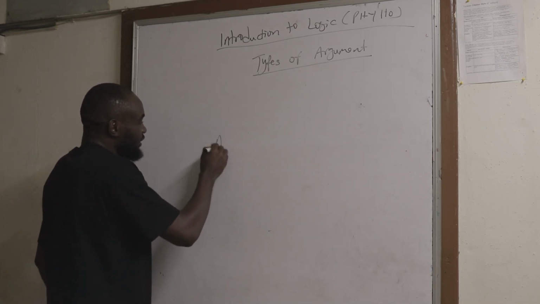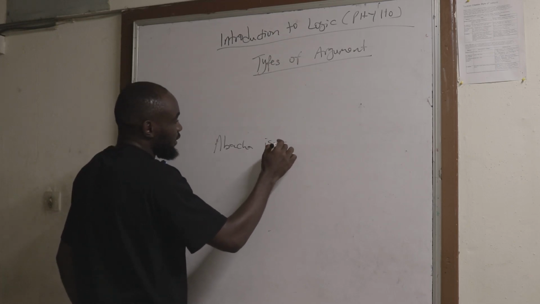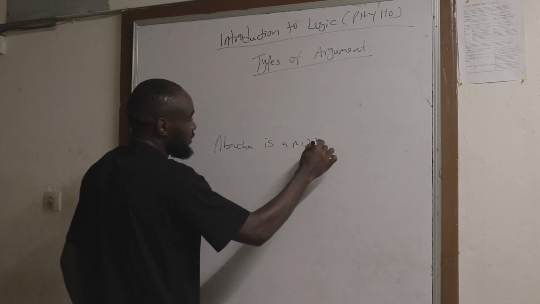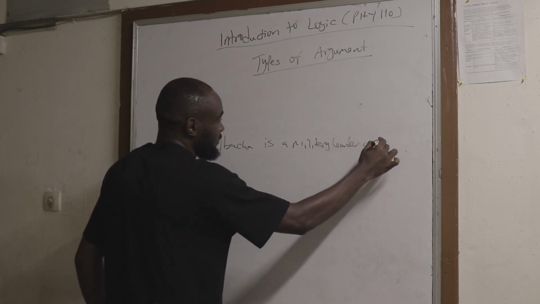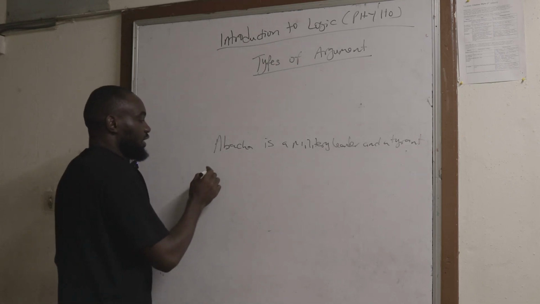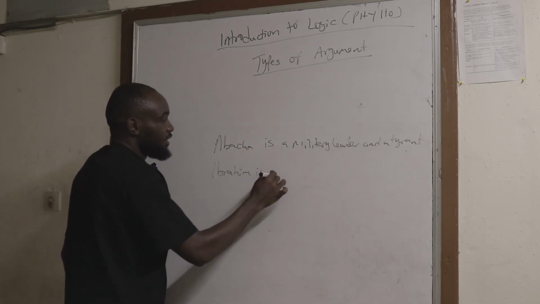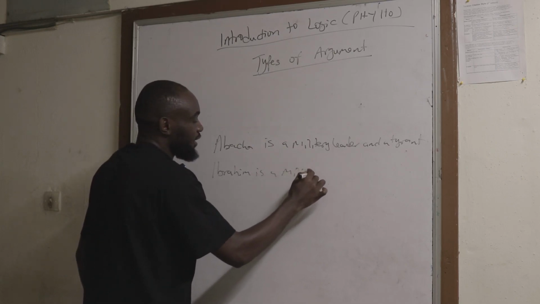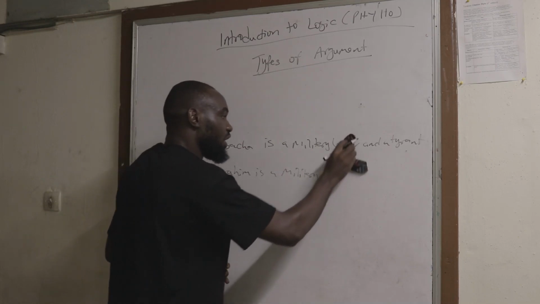Let's say that Abacha is a military leader and a tyrant. Also, let's say that Ibrahim is a military leader. Let's use the word ruler instead of leader.